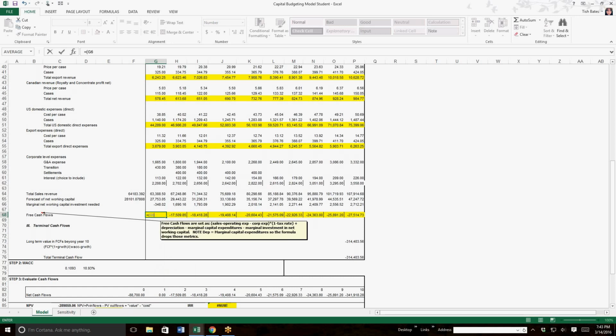Parentheses, G64 minus G62 minus G55 minus G81 times minus, parentheses, absolute of D17.